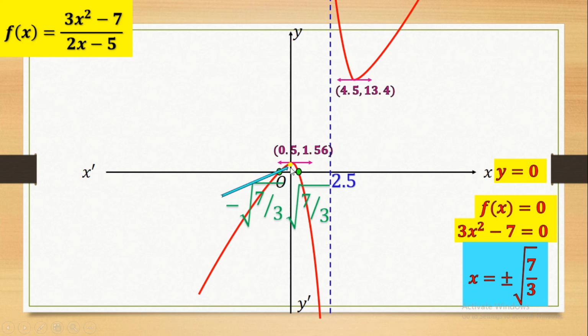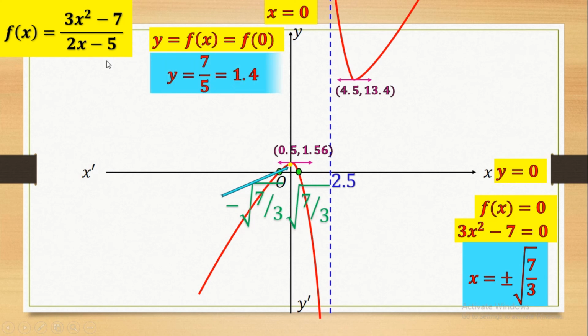Well, how to know it? At the y-axis we have x equals 0. Well, to find y, we need to find f of x. So here y equals f of x, so it's f of 0. If we replace x by 0, we get minus 7 over minus 5, which is y equals 7 over 5 equals 1.4. So this point has the ordinate 1.4.